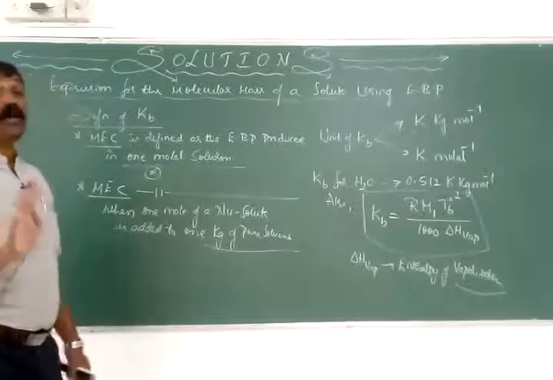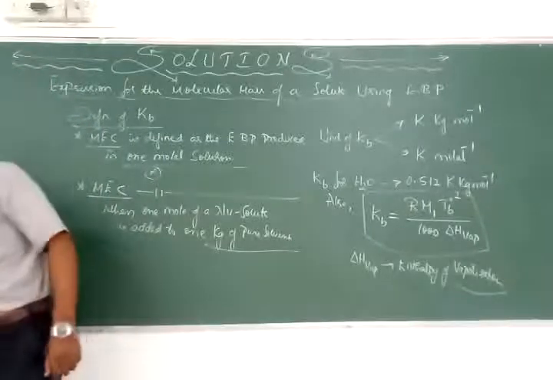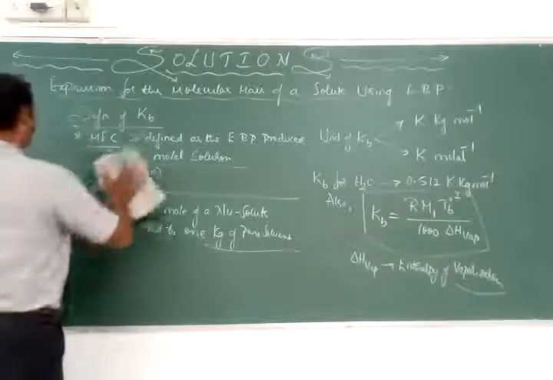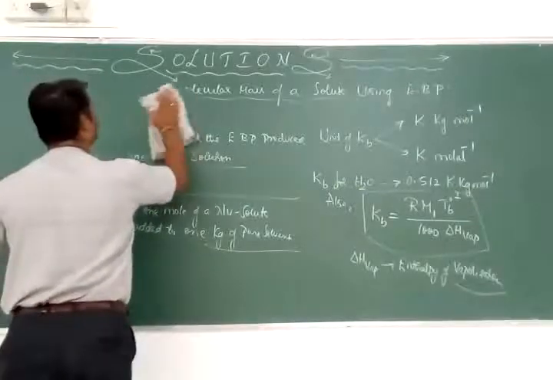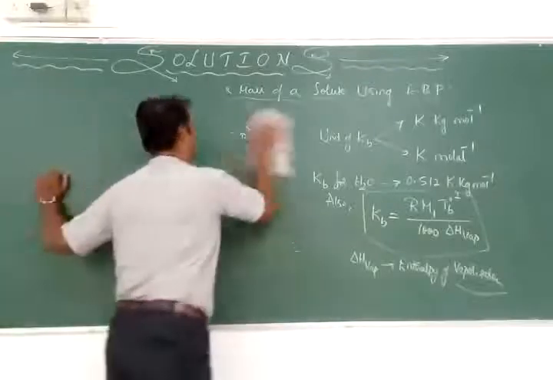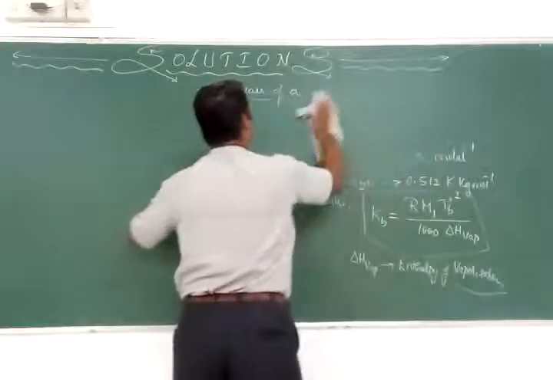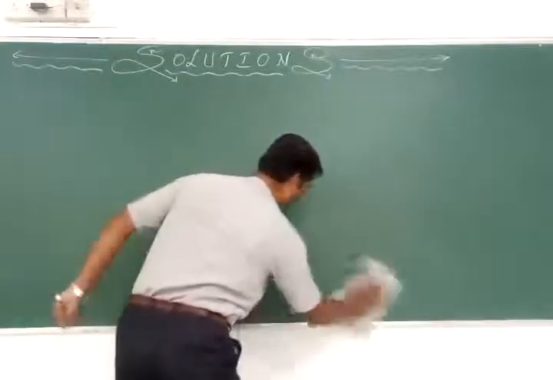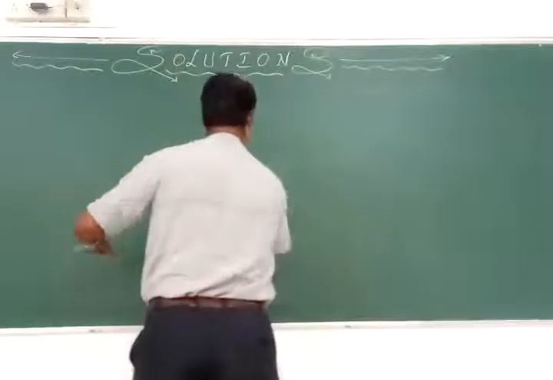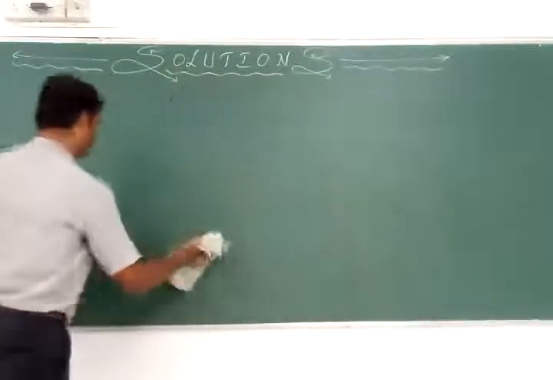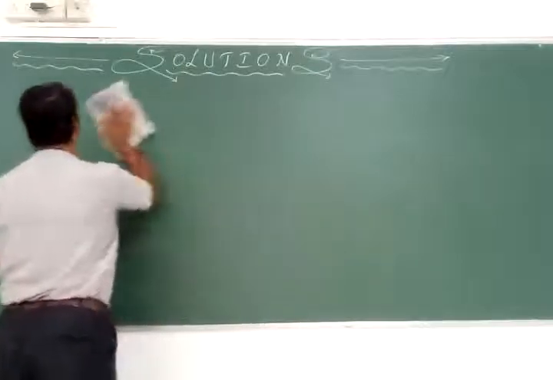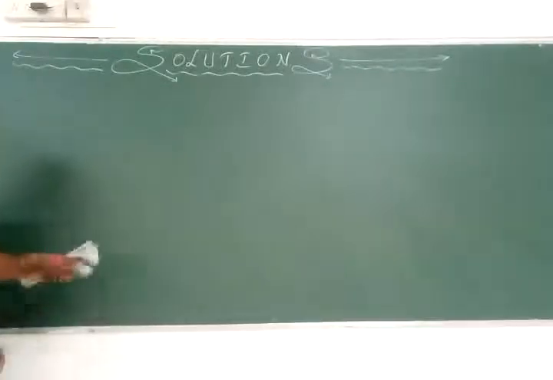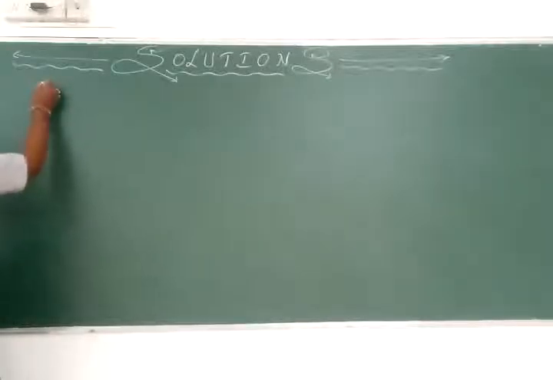Okay. So now we will move on to the third colligative property, that is called the depression in freezing point. Let's move on to the third one.